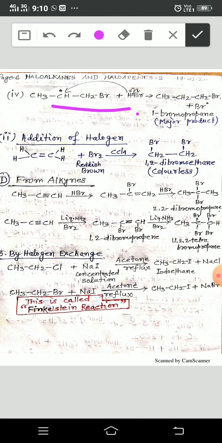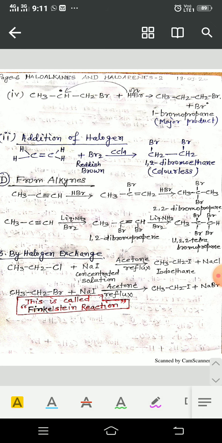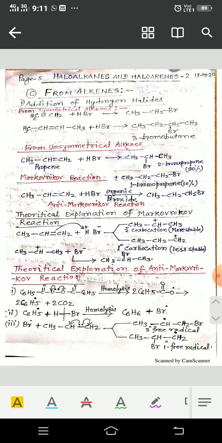So a secondary carbocation forms and HBr gets attached with this carbon atom and you will get 1-bromopropane in this way. 1-bromo is the major product in this case. You can understand this with the help of this mechanism.